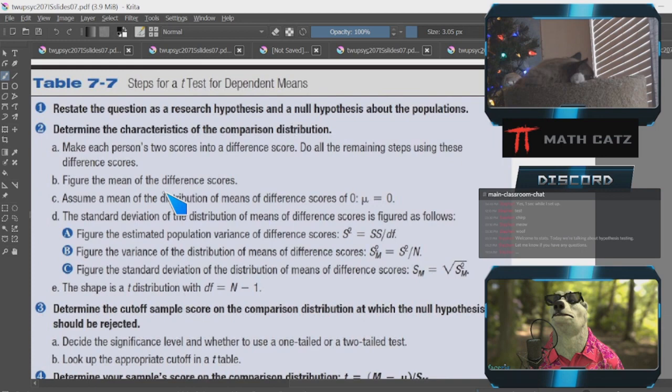Counseling was the treatment. The husbands were measured before and after, and we're investigating some sort of change. We can rephrase the research and null hypothesis in terms of a difference. So we're looking at difference scores. And then everything is pretty much the same.